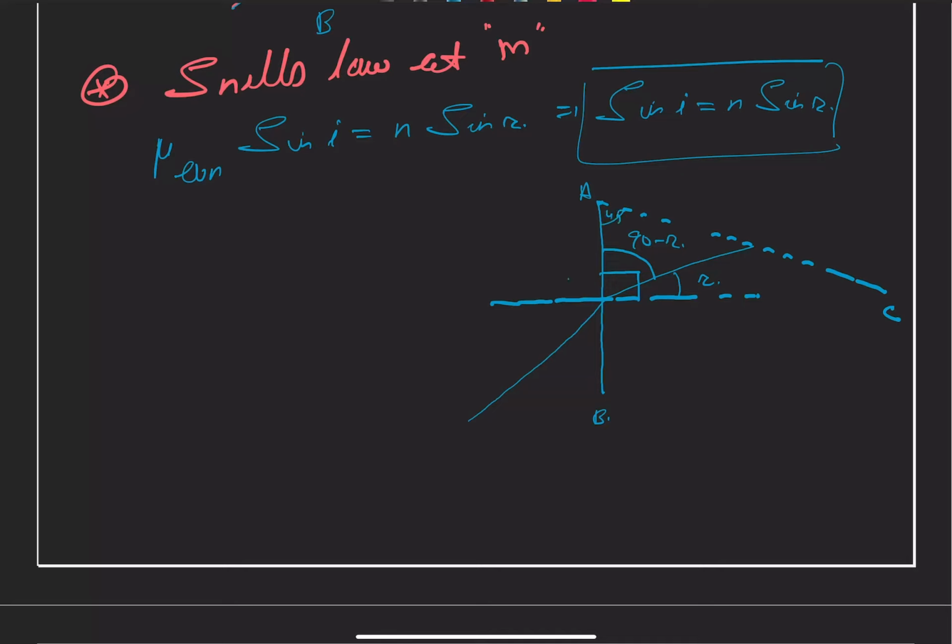So we can say this point is M and this point is P.